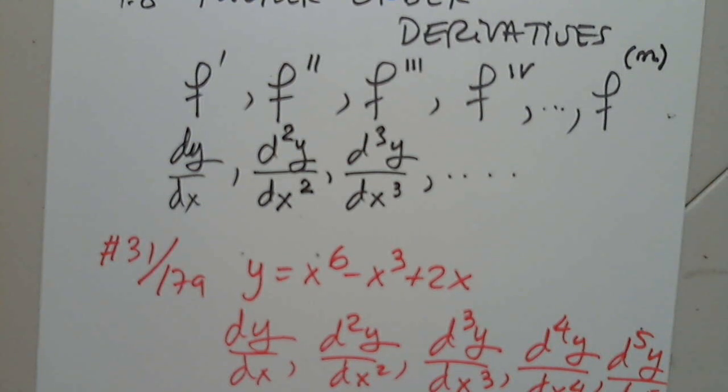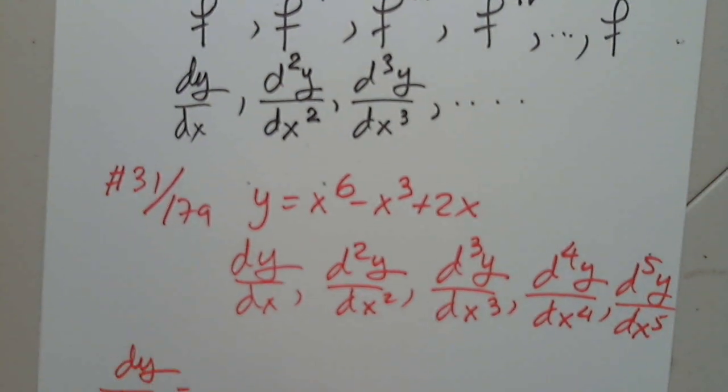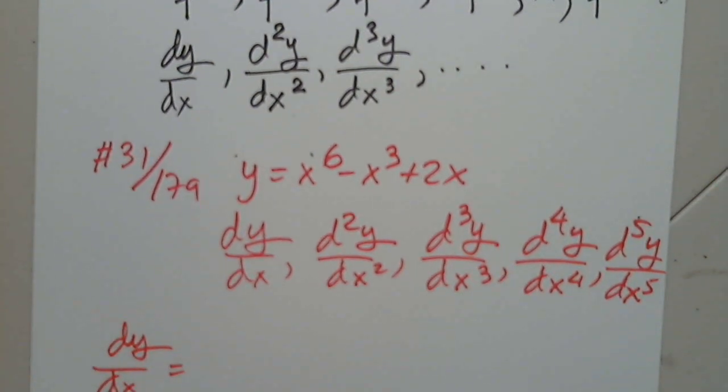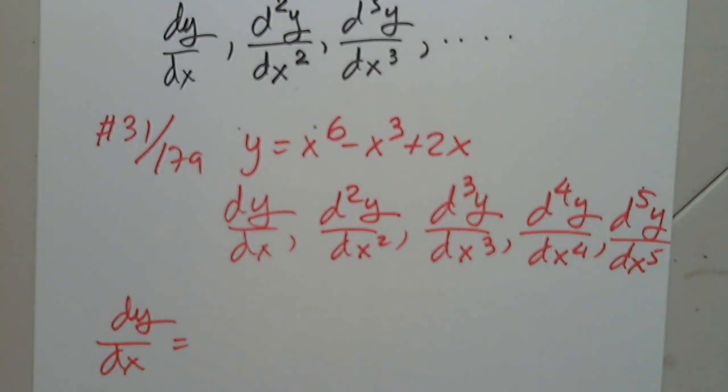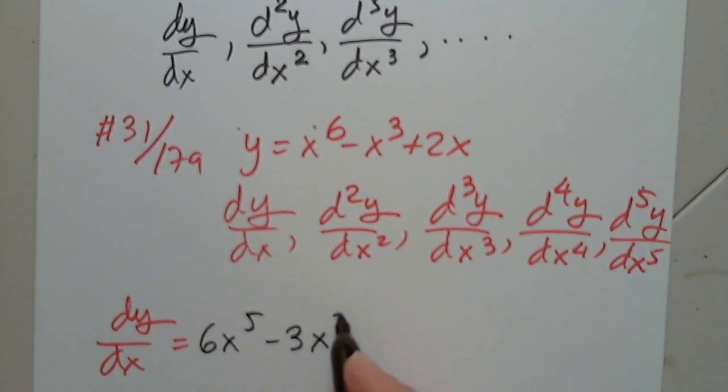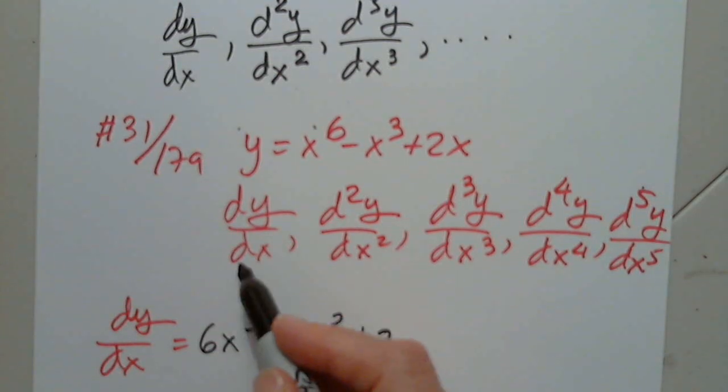Can anyone give us dy over dx? Can anyone differentiate this with respect to x, please? Anyone? 6x to the 5th. Awesome. Minus 3x to the 2nd plus 2. Awesome. Done.